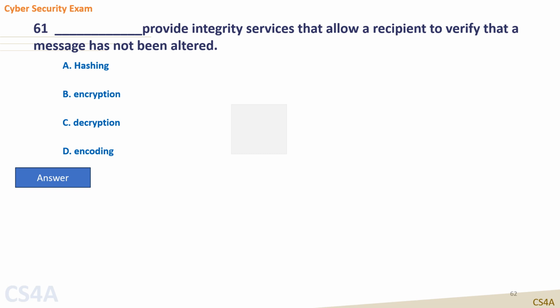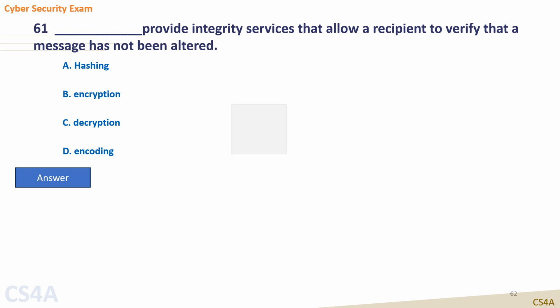The next question is, which provides integrity services that allow a recipient to verify that a message has not been altered. So here you need to provide tamper proofing. So hashing, yes, definitely it supports integrity. How? We can create a hash for the source message and then send the source message and the hash.